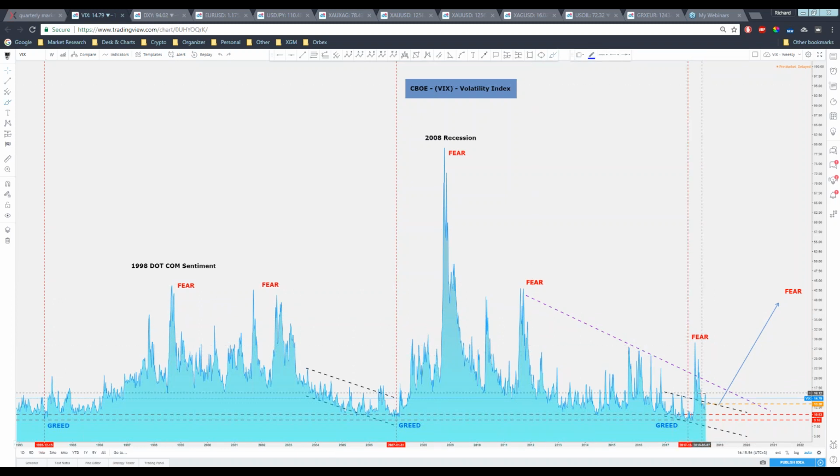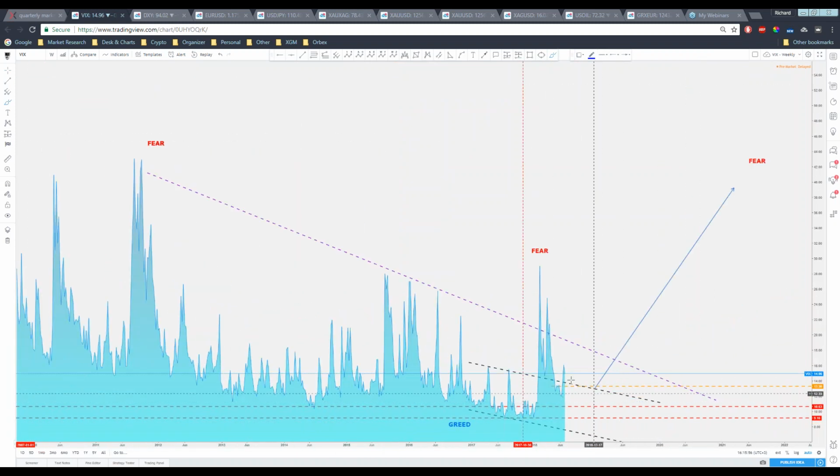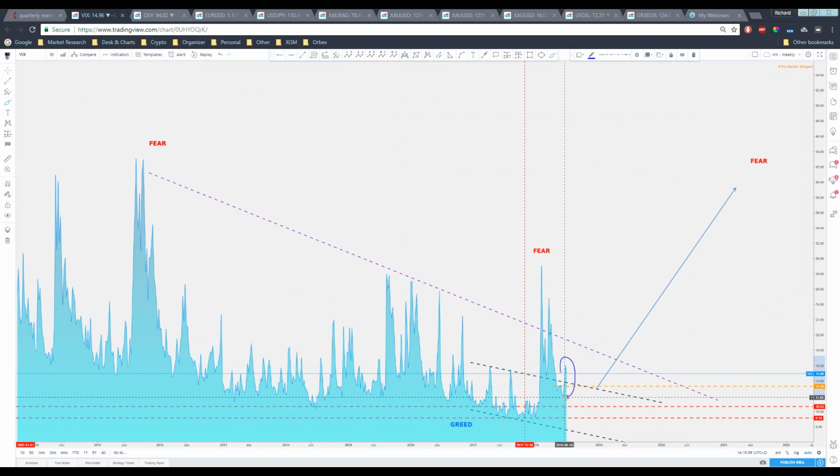Now, with a quarterly report, I mentioned this possibly starting, and of course, we need a correction before that. This is a weekly chart on VIX, by the way. So, should we have this type of correction, then this could start occurring.